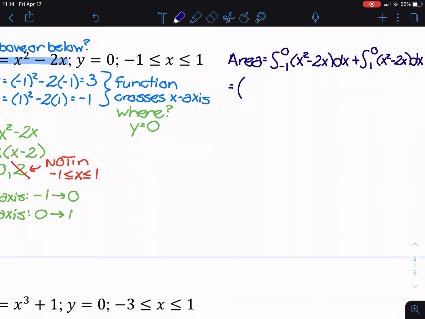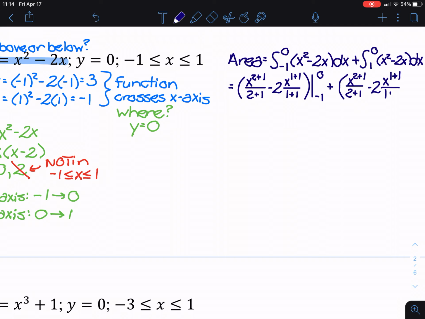So for the antiderivative of x squared, I have x to the 2 plus 1 over 2 plus 1, minus 2 times x to the 1 plus 1 over 1 plus 1. And that is evaluated here between -1 and 0. Okay, and then I'm adding to that the same antiderivative: x to the 2 plus 1 over 2 plus 1 minus 2 times x to the 1 plus 1 over 1 plus 1.